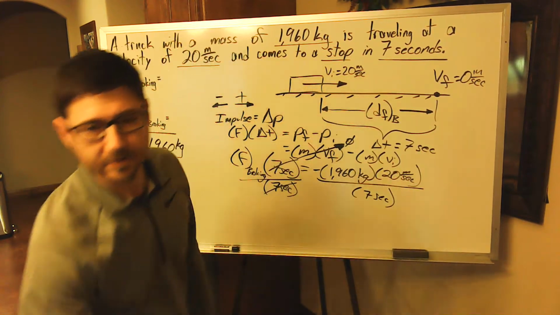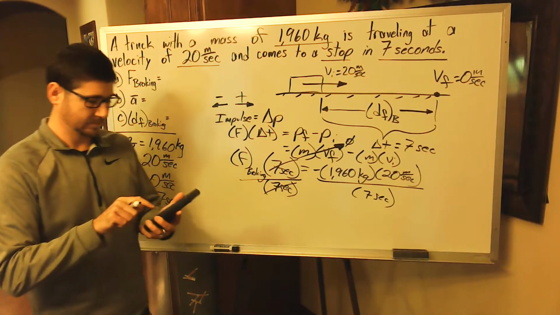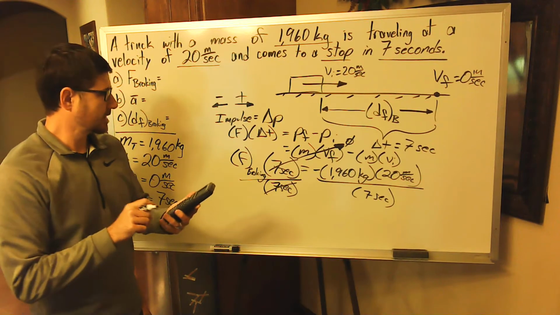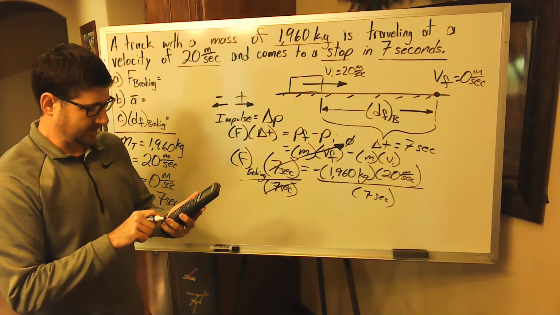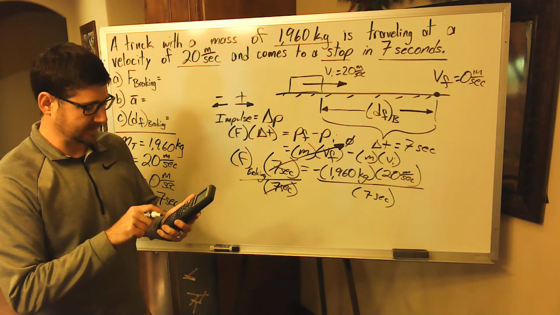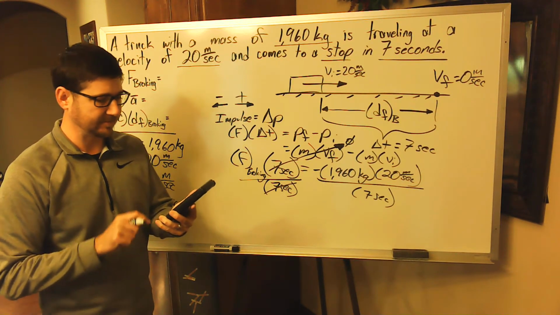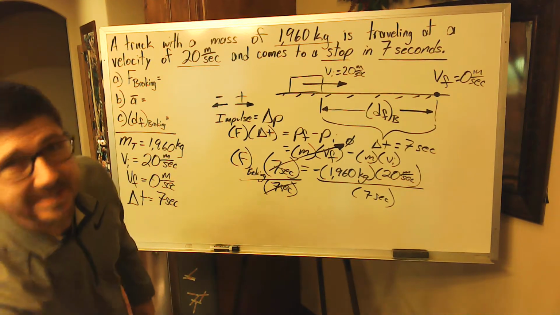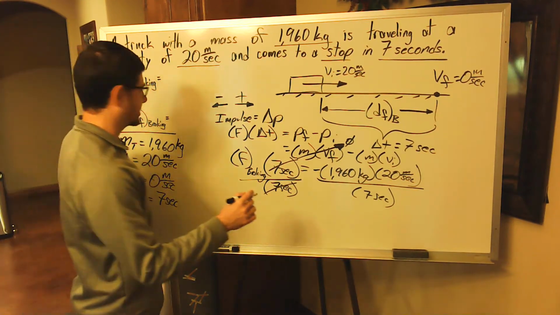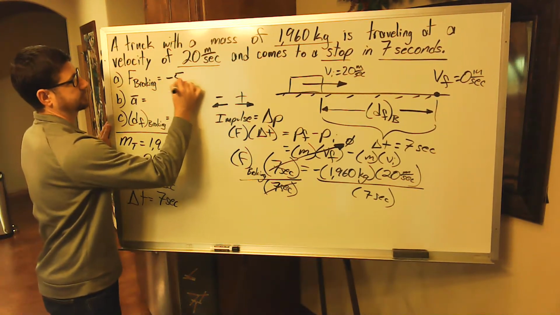Let's get out your calculator. I have negative 1960 times 20, and we're going to divide this by 7. So my braking force is negative 5,600 newtons.